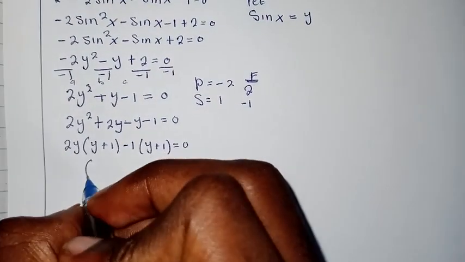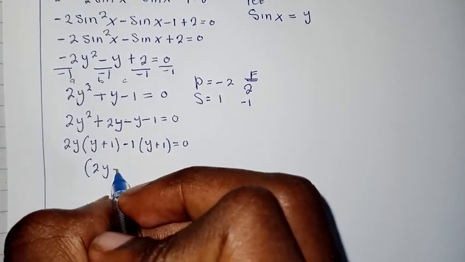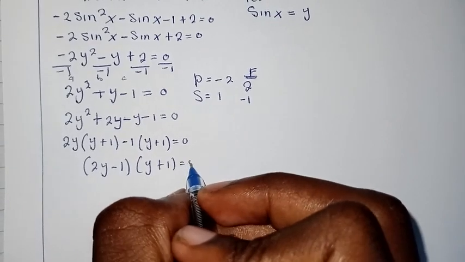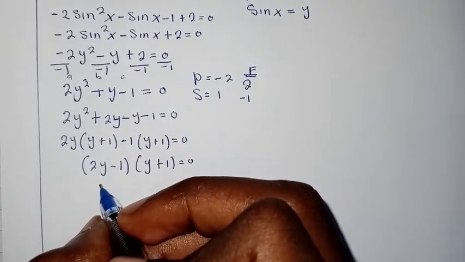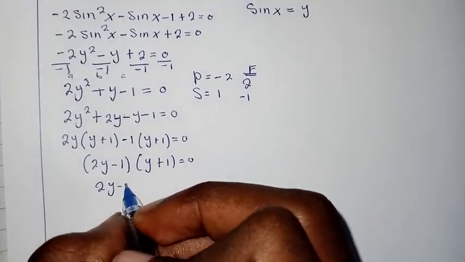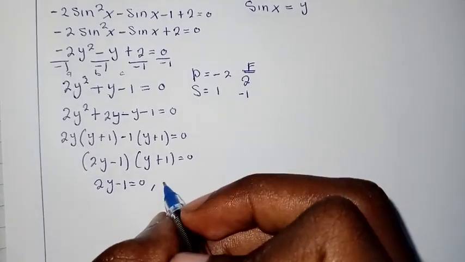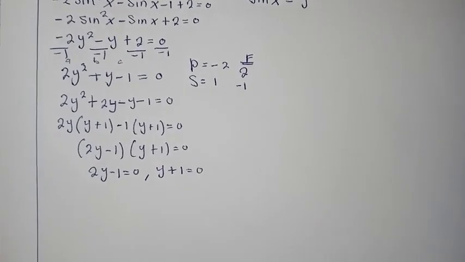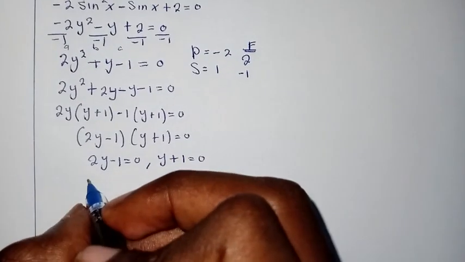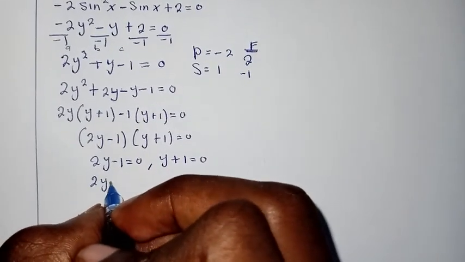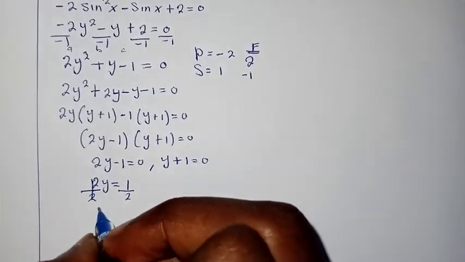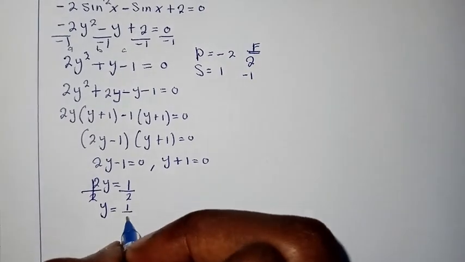Of course, we're going to have (2y minus 1)(y plus 1), and of course we're going to have 2y minus 1 equal to 0, y plus 1 equal to 0. So we can say that 2y equal to 1, divide by 2, y is equal to 1 over 2.